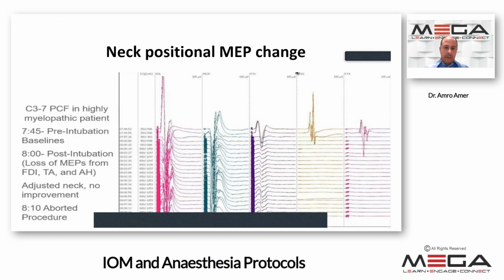As you can see here, right after positioning, we have a change in signal below the level on the right side, the hands are down. So there's a change, and of course, repositioning will fix that.